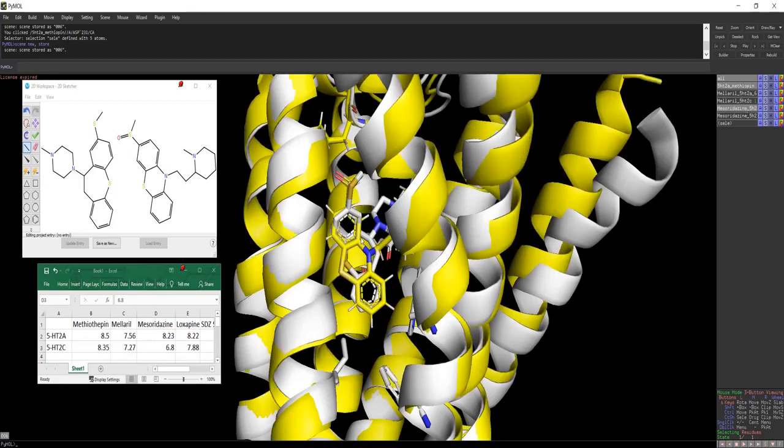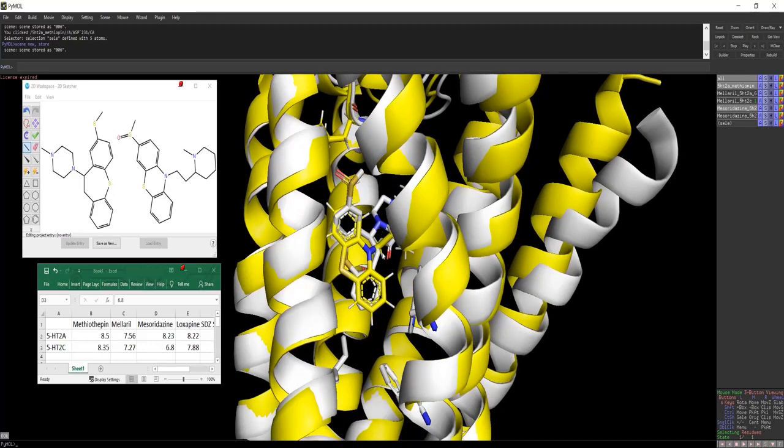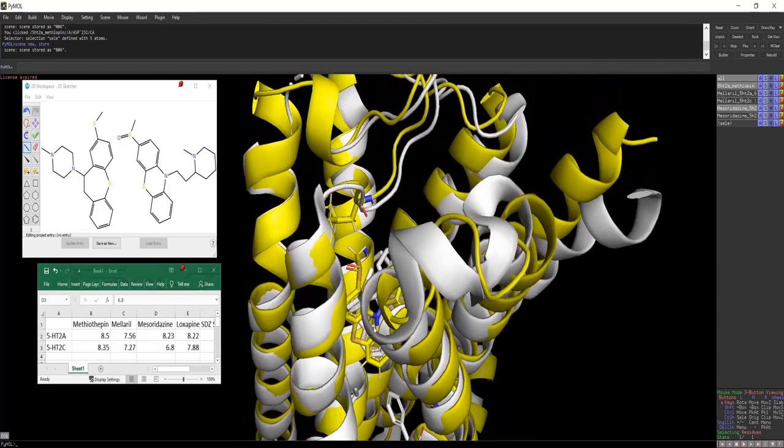So here in yellow, we have mesoridazine and 5-HT2A. And we can see that it binds similarly to methiothepine. Again, you have this aromatic that interacts with the toggle switch and the PIF motifs.